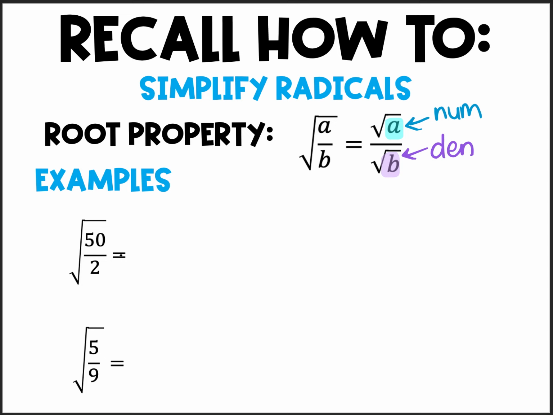If I have the square root of 50 divided by 2, you can rewrite it as the square root of 50 divided by the square root of 2. Sorry. And then you simplify. From our previous video, we had that the square root of 50 was simplified as 5 square root of 2.